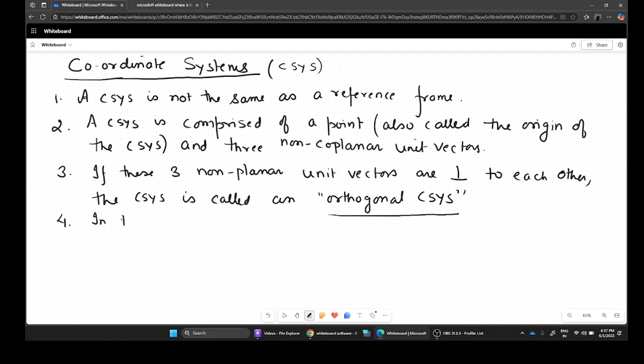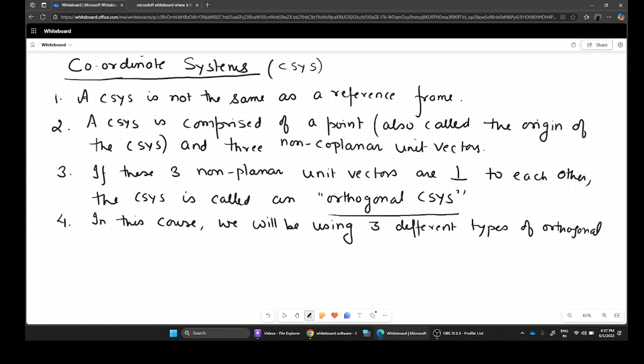In this course we will be using three different types of orthogonal coordinate system. First is the Cartesian coordinate system.